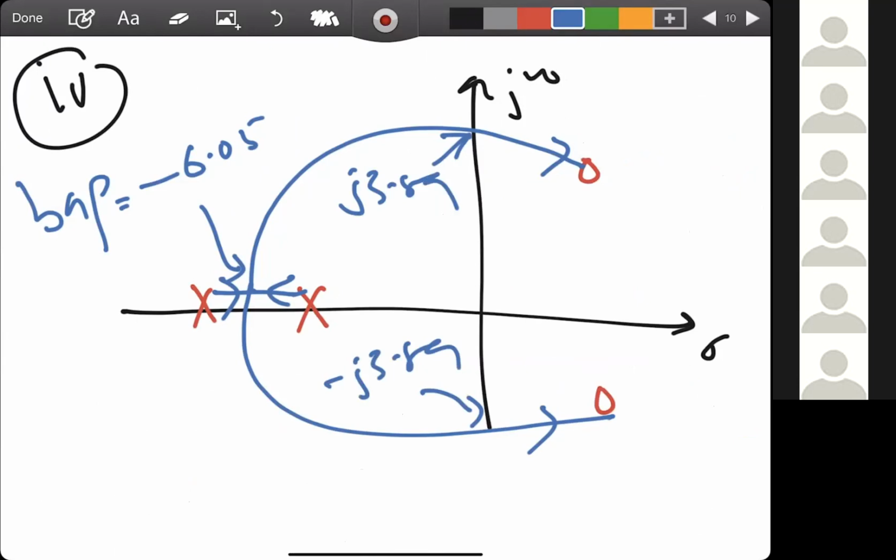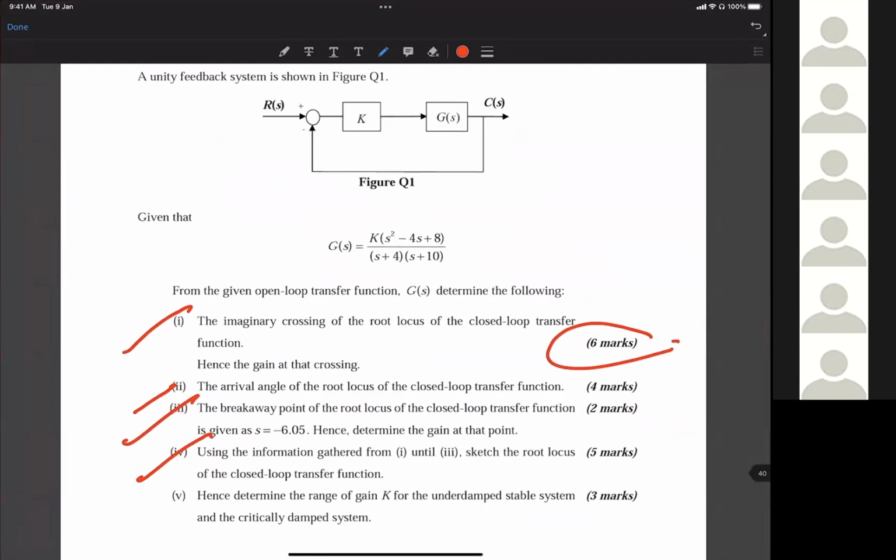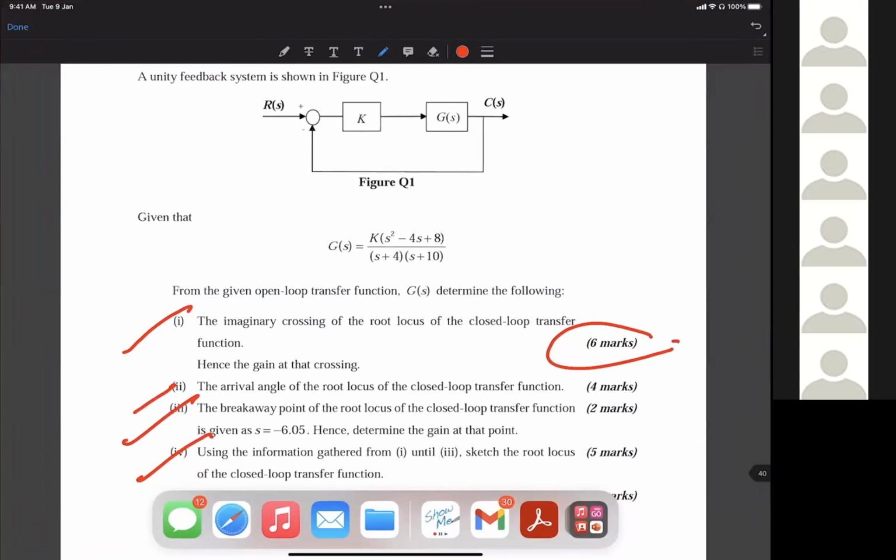Okay, so this is the sketch one. Hence, determine the range of gain K for underdamped stable system and critical damped system. So we just list out the answer.